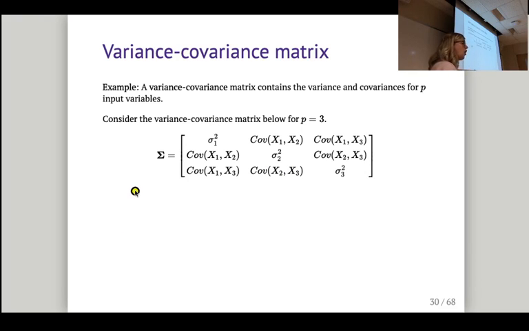These are similar to correlation, except they're not bounded between 0 and 1, or -1 and +1. The covariance between x1 and x2 tells us how x1 and x2 vary together. Covariance between x1 and x3 tells us how x1 and x3 vary together. Covariance between x2 and x3 tells us how x2 and x3 vary together.